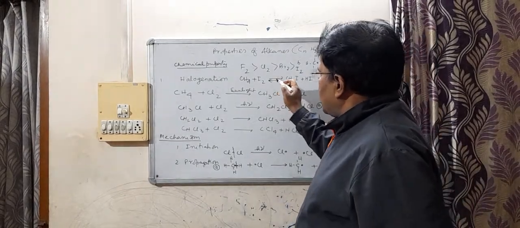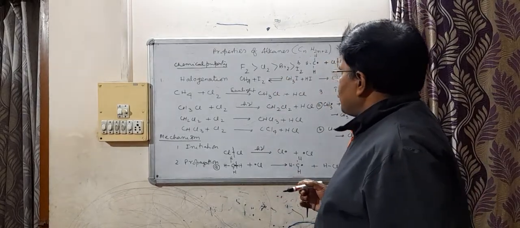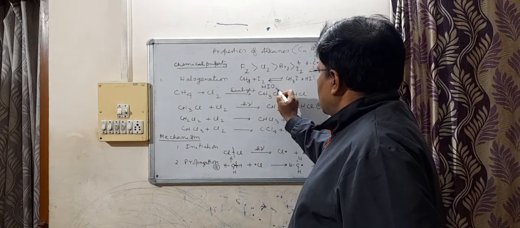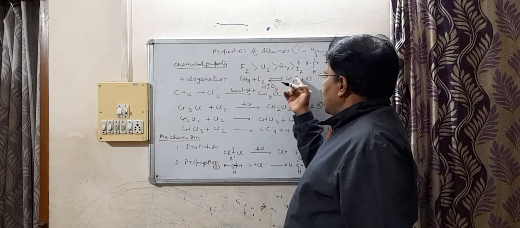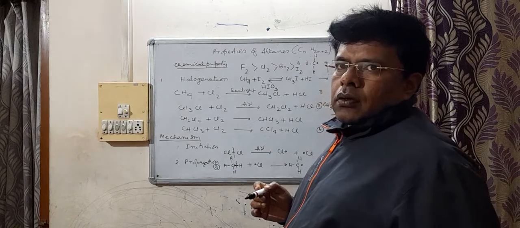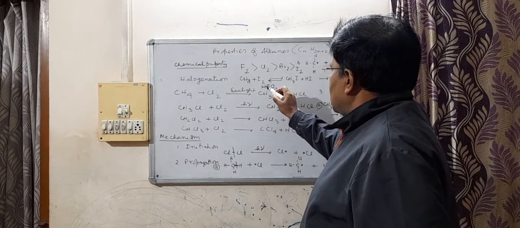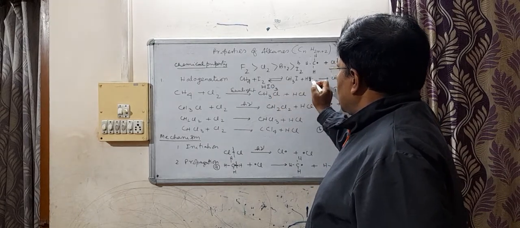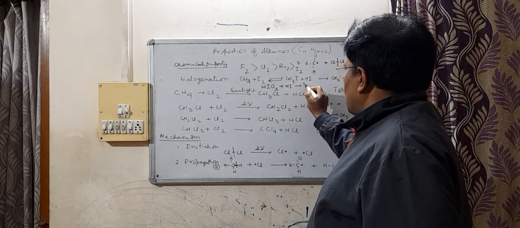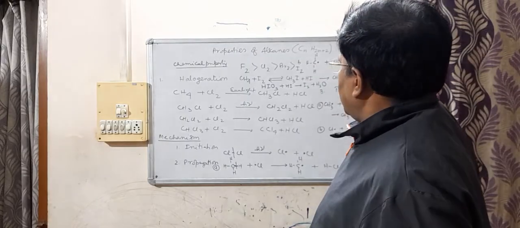Now, if we use an oxidizing agent in this reaction, say HIO3, then the amount of CH3I can be made to increase. How does it increase? Because this oxidizing agent oxidizes HI to iodine and water.